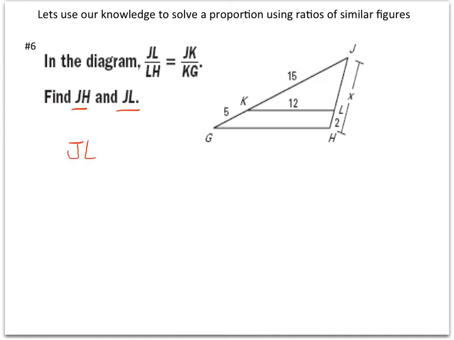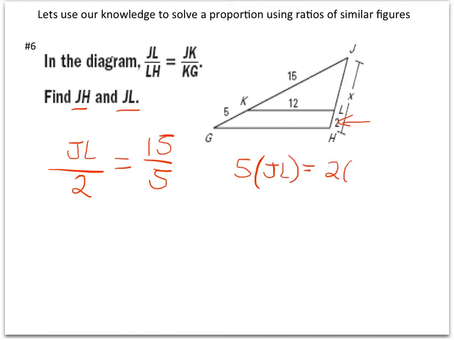JL, which we do not know, divided by LH, which is given to us as 2, is equal to JK, which is given as 15, divided by KG, which is given as 5. Now we just have to solve this proportion by taking a cross product. 5 times JL is equal to 2 times 15.